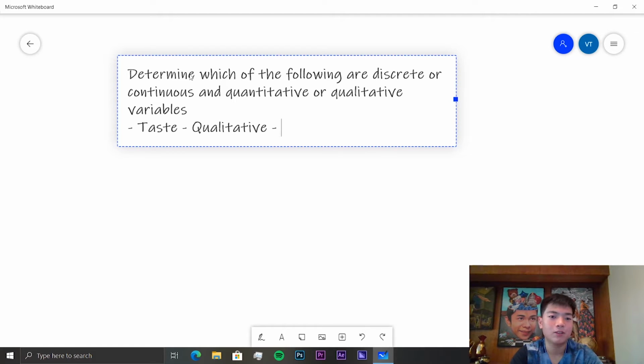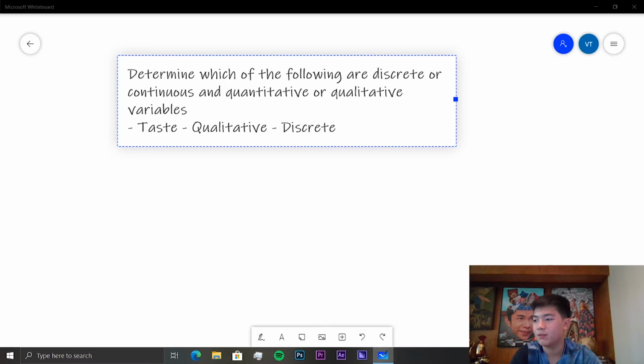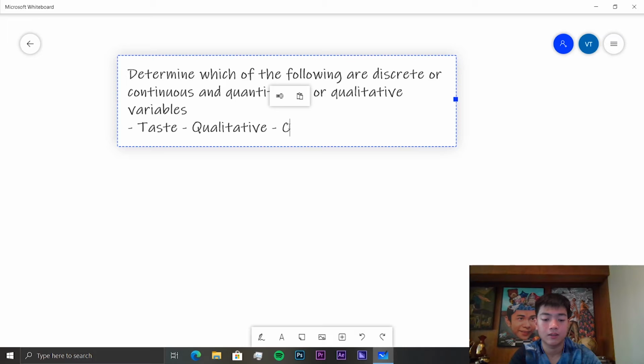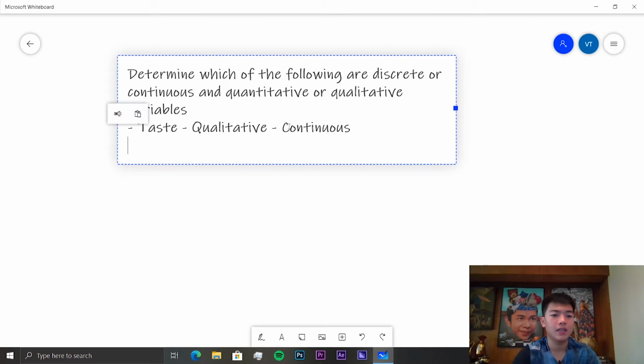Actually, wait, is taste discrete? No, sorry, it's more continuous, because there's no finite extent to which you can measure taste. You can't categorize taste into certain categories, so it has to be continuous.